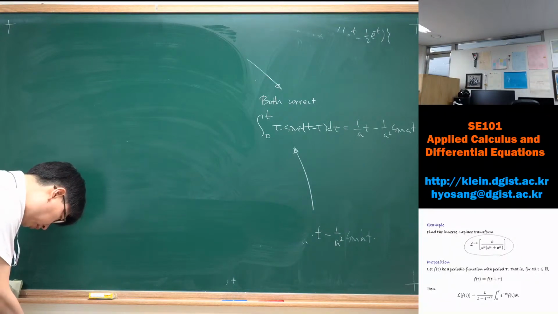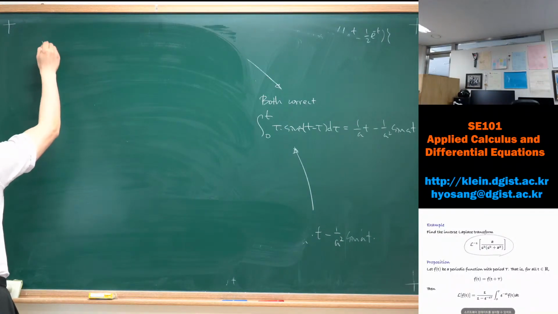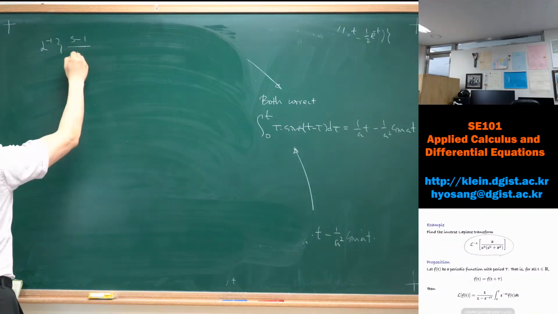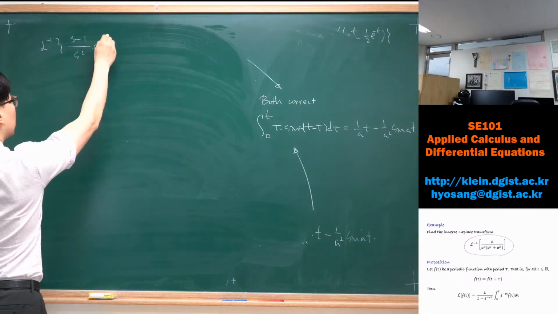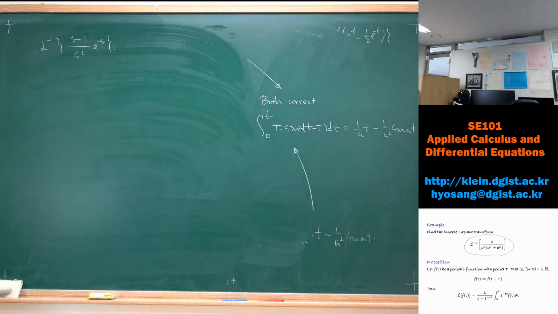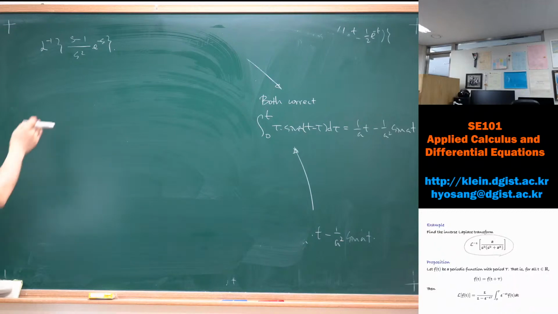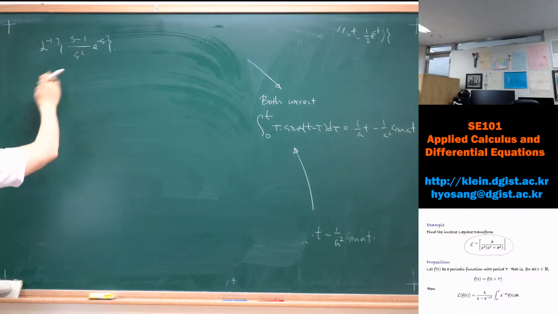I want to do some interesting questions. So let's take this one, s minus 1 over s squared, times e to the negative s. How would you take the inverse Laplace transform? So obviously, this simply makes this worse.